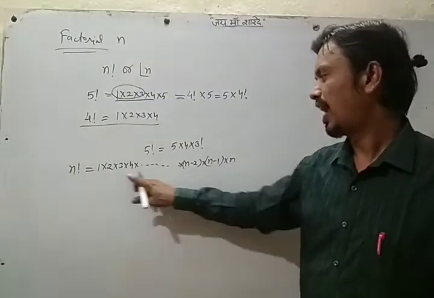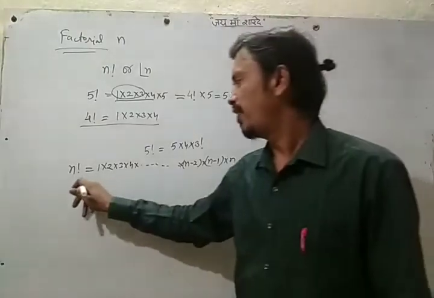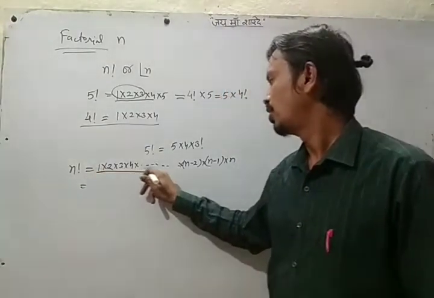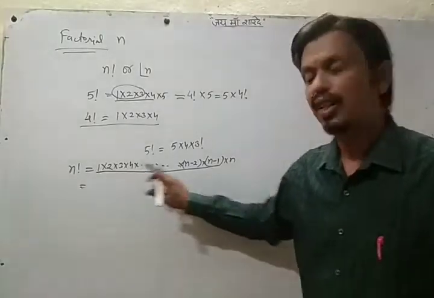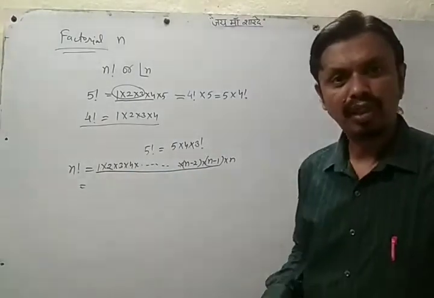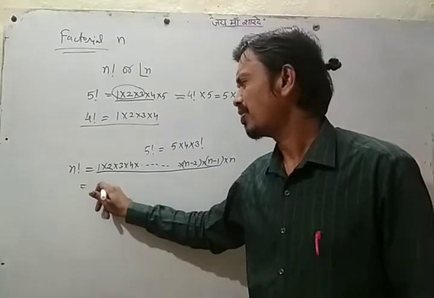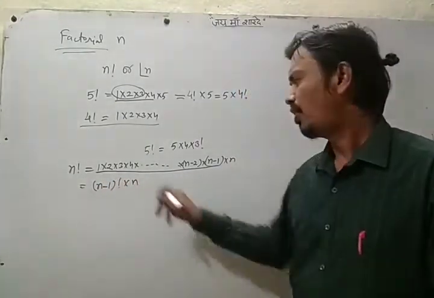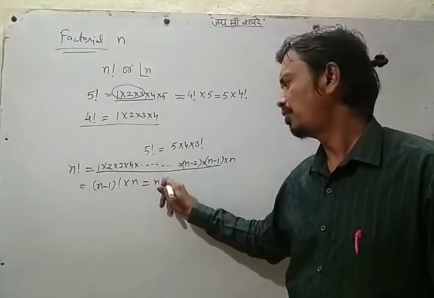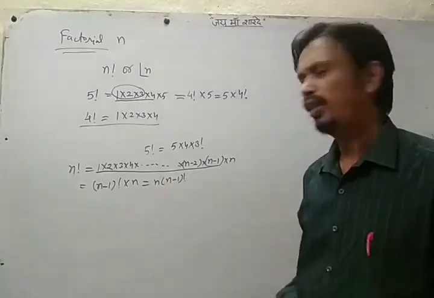In the same way, the product of the first n minus 1 natural numbers can be written as n minus 1 factorial into n, or n into n minus 1 factorial.